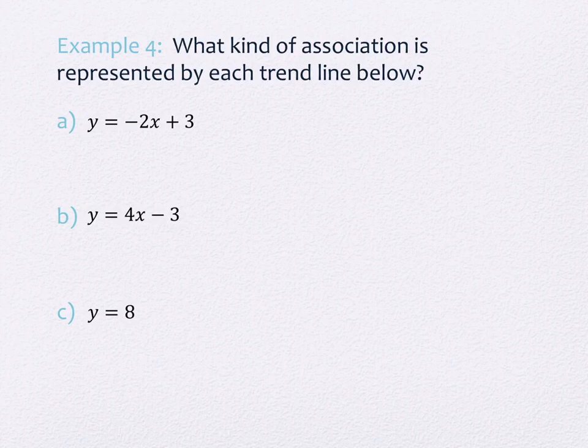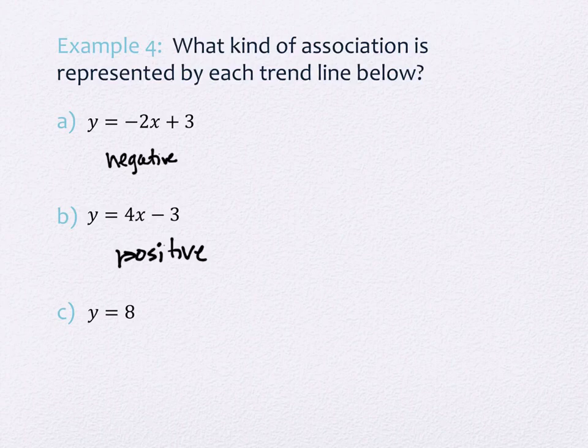So what kind of association do we have when y is equal to negative 2x plus 3? It's negative. 4x minus 3? It's positive. Okay, the last one just says y equals 8. There's not a slope that's written down, right? It's not zero association.